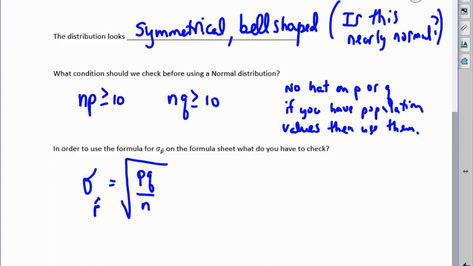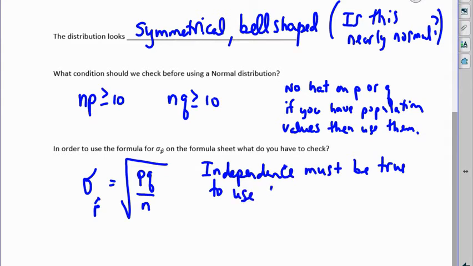What do we have to check in order to use this formula? We actually need the condition of independence to be true to use this formula. And so how do we check for independence?